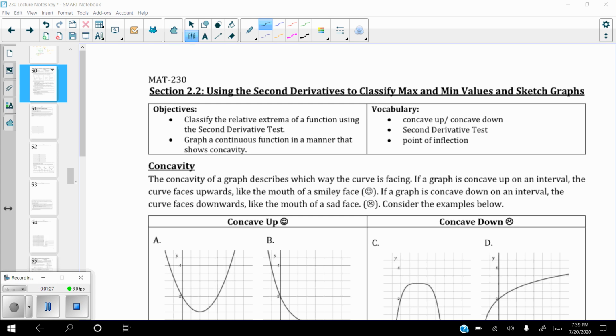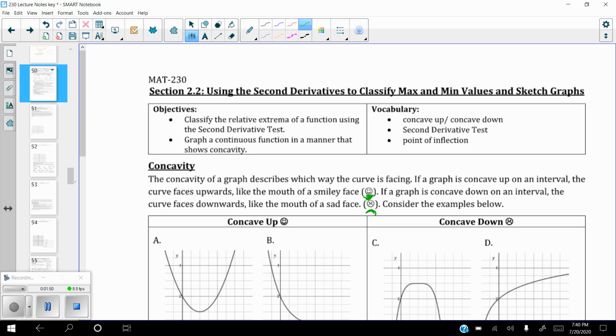A lot of people say it's like the mouth of a smiley face. You see the smiley face right here, the mouth looks like it is curving up. If the graph is concave down on the interval, the curve faces downwards, like the mouth of a sad face. That one right there.